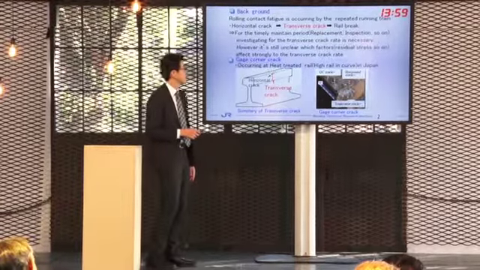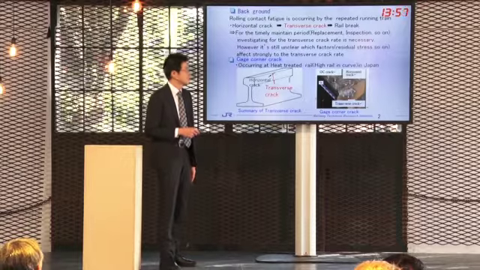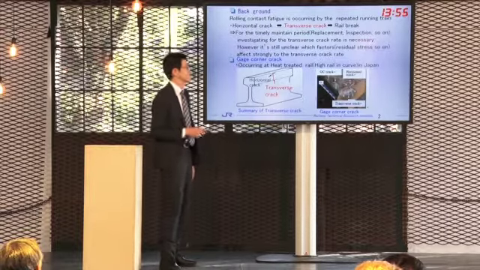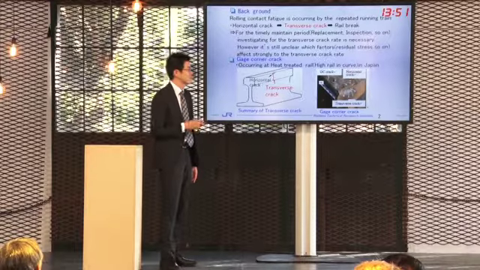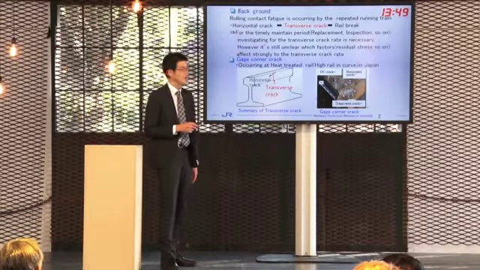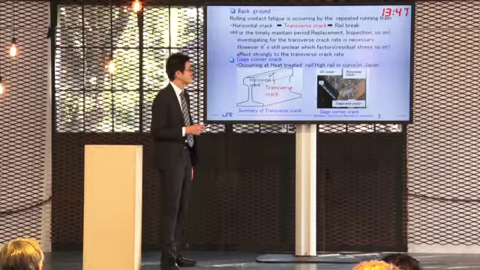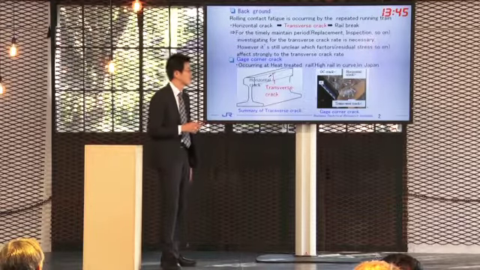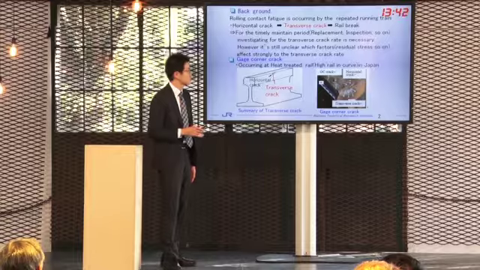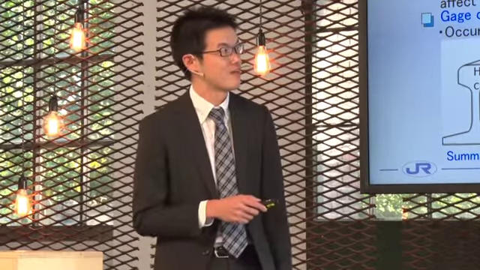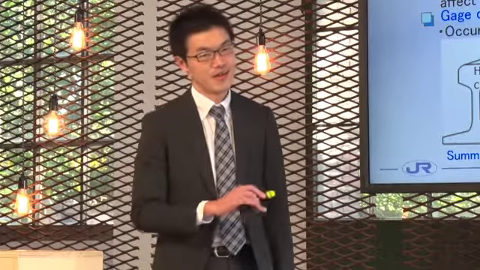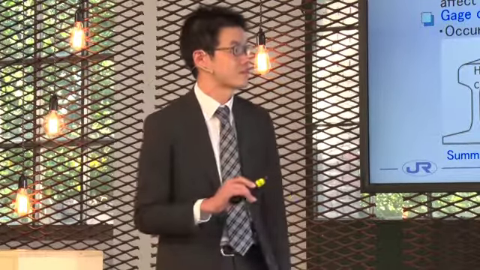For timely maintenance, such as replacement and inspection, it is necessary to investigate the transverse crack rate. However, it is still unclear which factors strongly affect the transverse crack rate. Factors means radial stress, heat treatment, and so on.